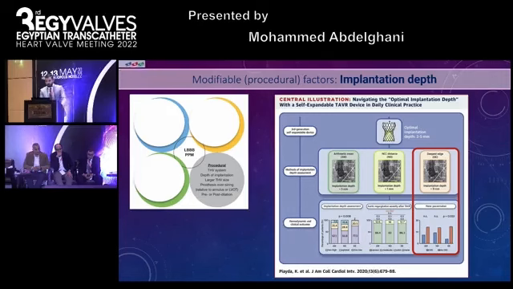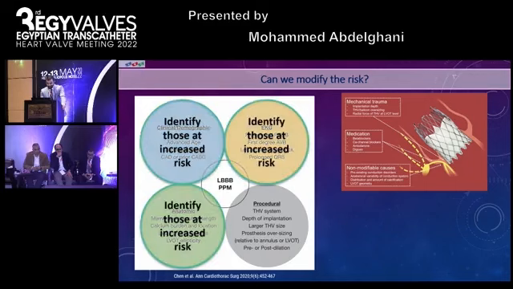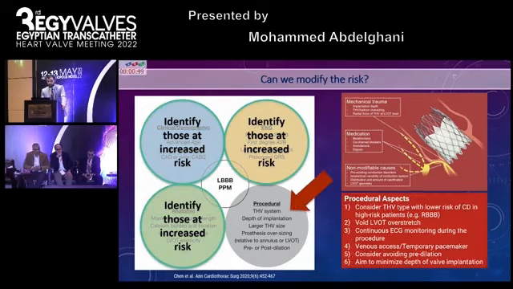I'll have to skip a couple of slides in order to save some time. This slide eventually summarizes the procedural steps that you may take into consideration in order to decrease the rate of conduction disturbances. Consider a TAVI platform with lower risk when you anticipate that the conduction disturbance risk is higher. A patient with right bundle branch block at baseline has a high risk of developing complete heart block.